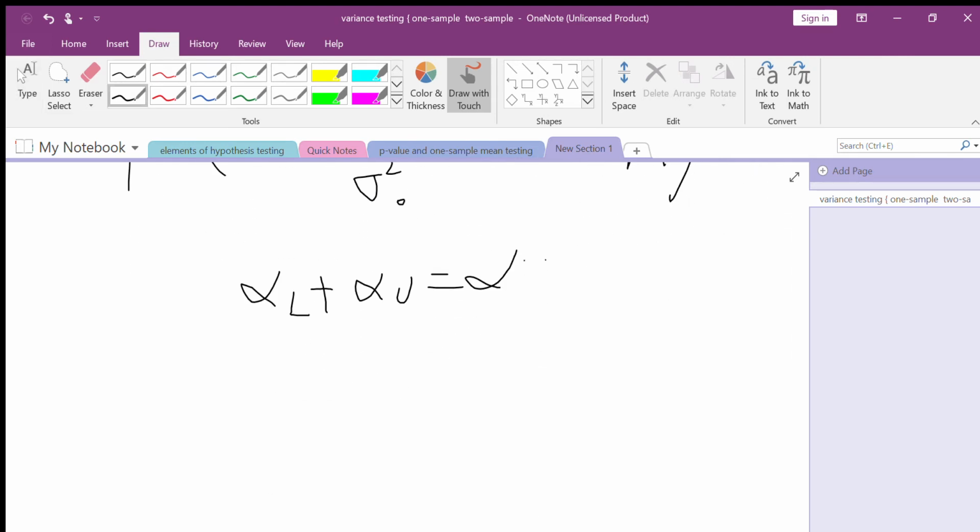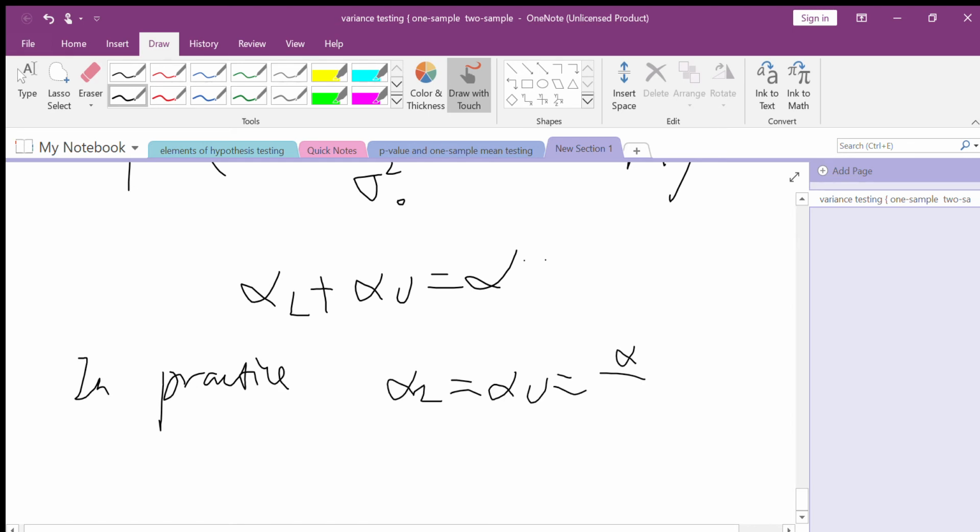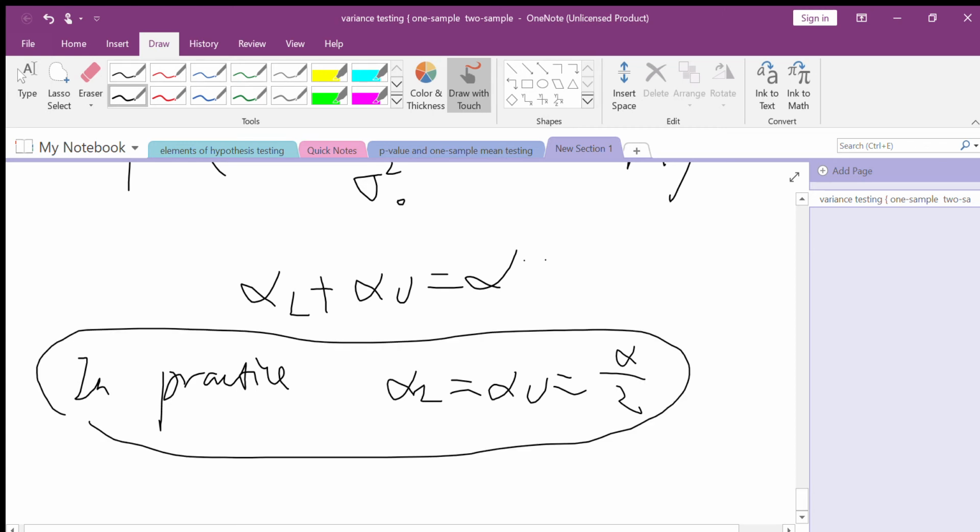In practice, alpha L equals alpha U equals alpha over 2. This is our convention in practice.